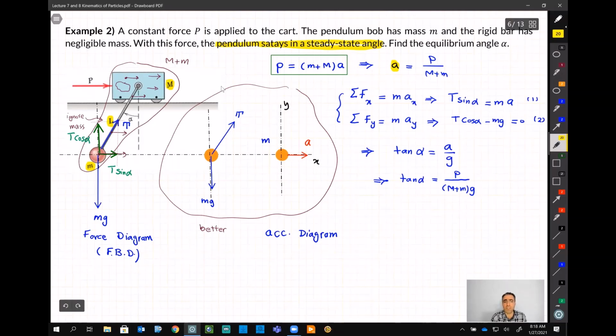If the question told us, for example, find load P so that this alpha is changing at this rate, that's a different question, which you will see in a few weeks. But this particular question told us that this load P is large enough that this angle basically stays at a certain angle, maybe 30 degrees.